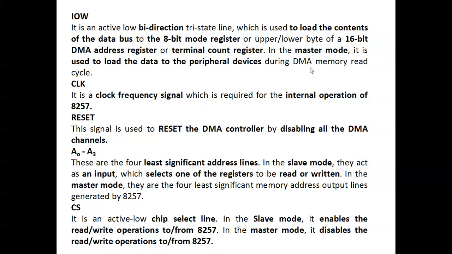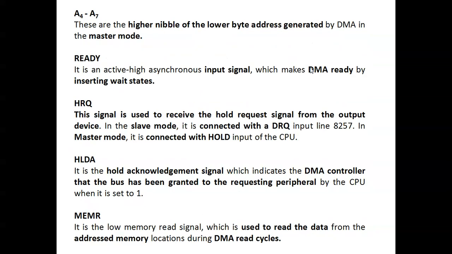In master mode, it disables the read write operation to the 8257. Similarly, A4 to A7 are the highest nibble of the lower byte address generated in master mode, and READY is the input signal that inserts wait states.